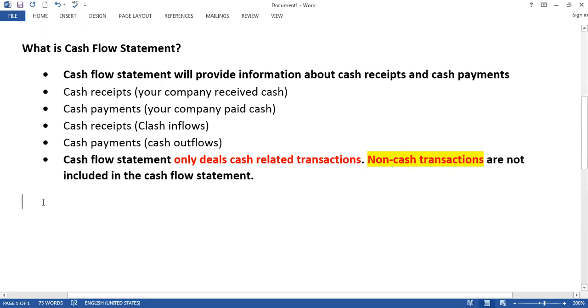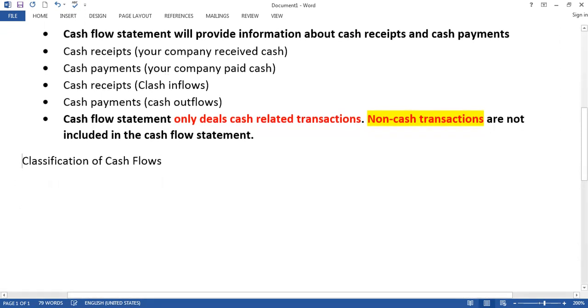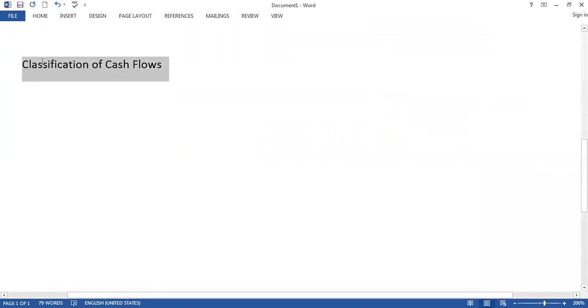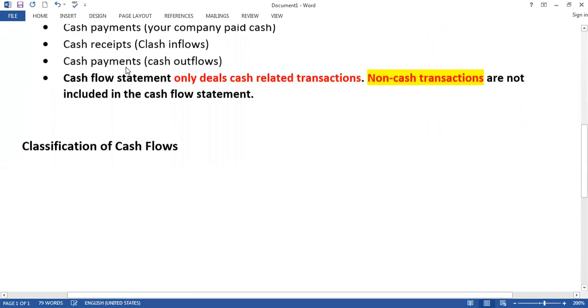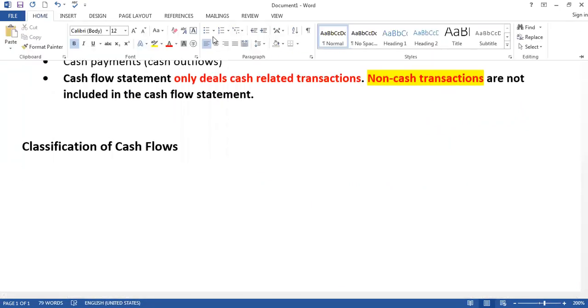Then we can see the classifications of cash flows. So we have three classifications for the cash flow statement.